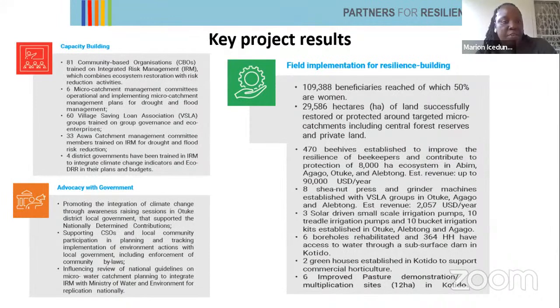In this capacity building, we targeted especially the grassroots community-based organizations, but also the governance structure, the micro-catchment management committees in all the 6 micro-catchments. And as we speak, these catchment management committees are able to develop their plans at that localized level, devise solutions at that localized level, and address aspects of drought and floods at that level.